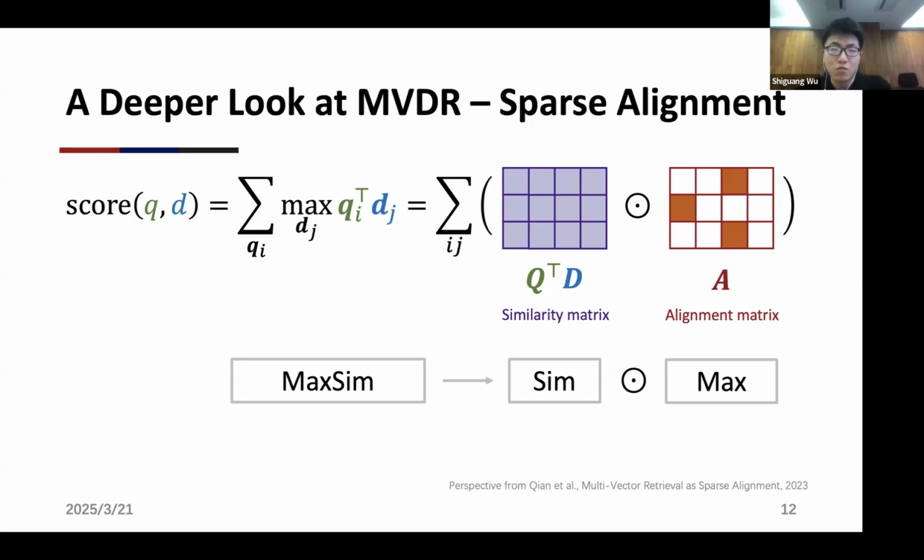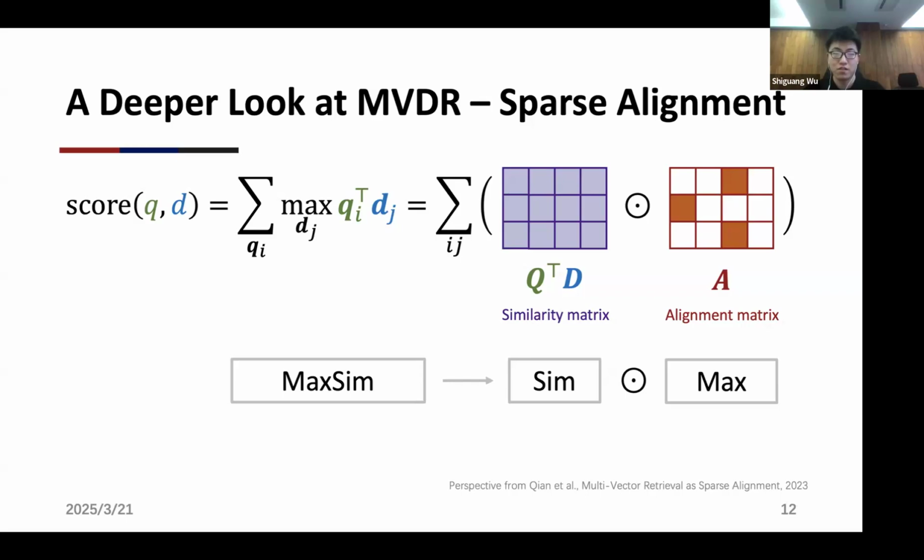If we take ColBERT, the multi-vector model, as the example, the scoring function is the max-sim. We can decompose this equation into a similarity and a maximum, so we split that into matrices. First, we can brute-force compute every similarity score for each pair of query token vector and document token vector.